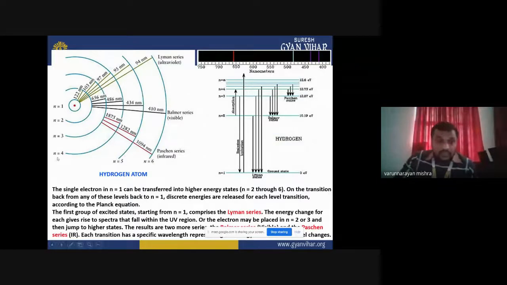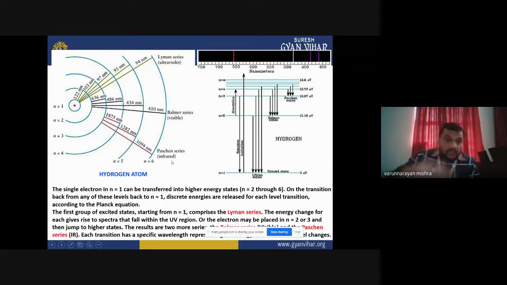Okay, it was first done for the hydrogen atom, where we supply an amount of external energy to the atom, and they release a certain amount of energy having different wavelengths. Okay, it is described by the Lyman series, Balmer series, and the Paschen series.